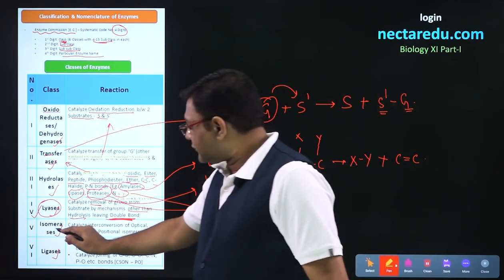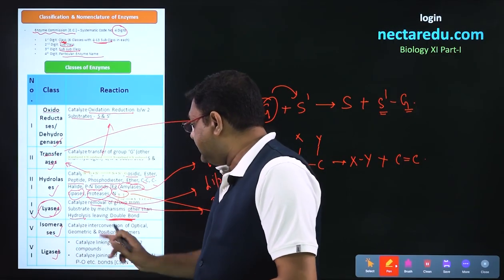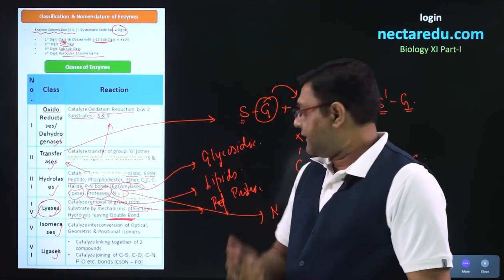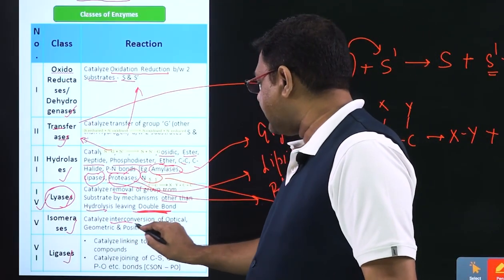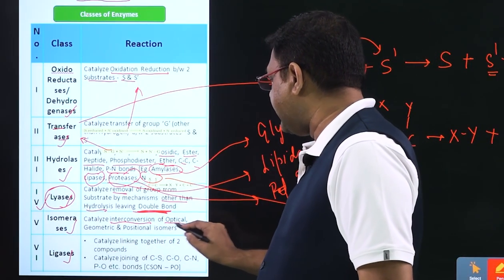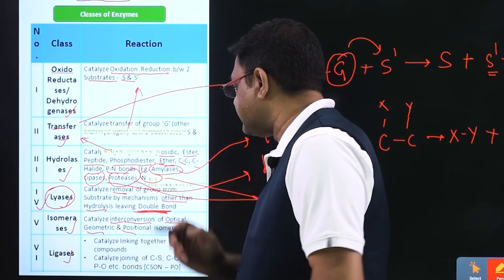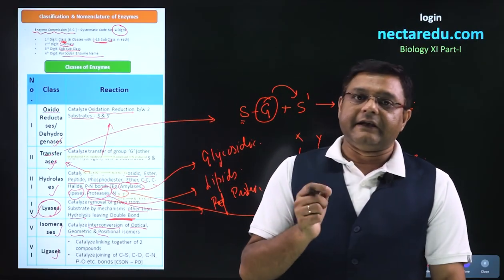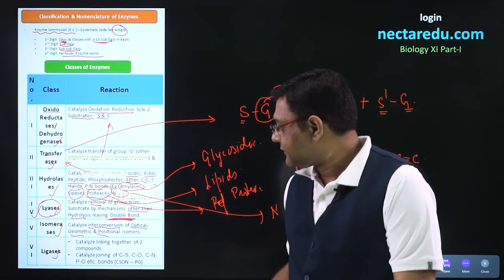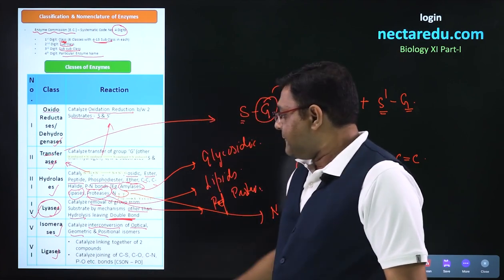Moving to the fifth class, that is isomerases, these catalyze isomerism. So, there will be interconversion of different isomers like optical, geometric and positional isomers. The last, the sixth class, is called ligases.